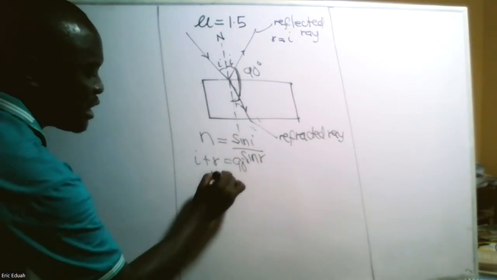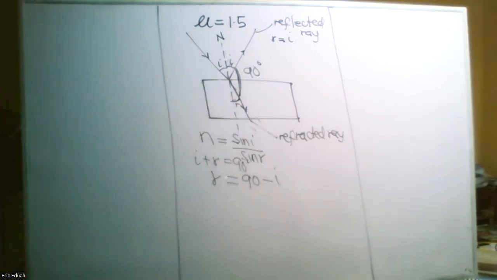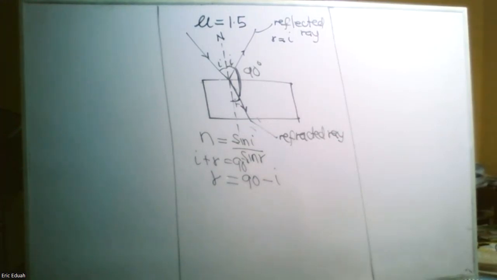Therefore, R is equal to 90 minus I. Are we clear here? Are we okay here? No, please.